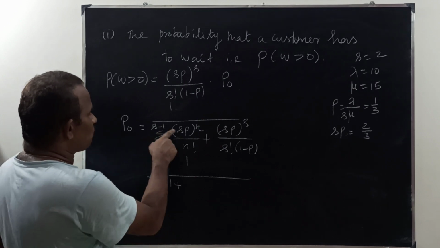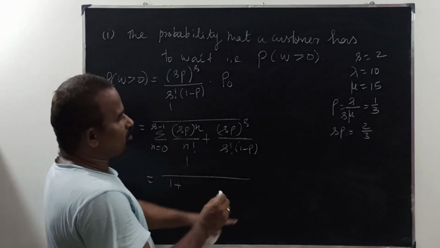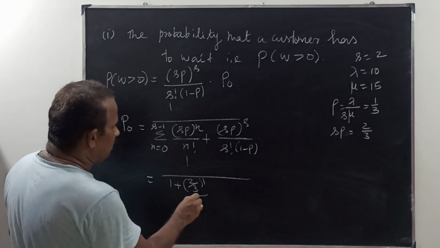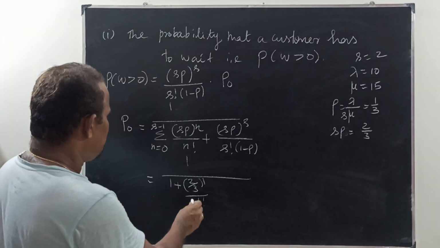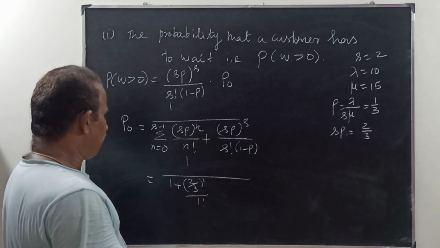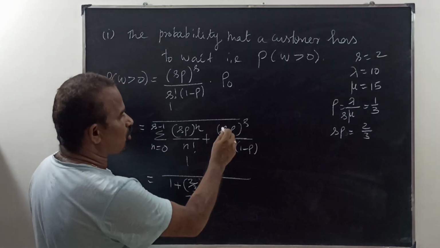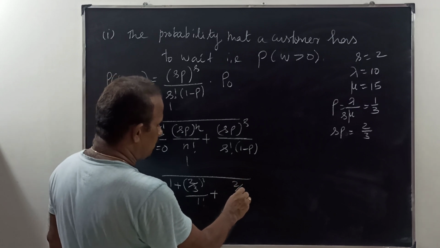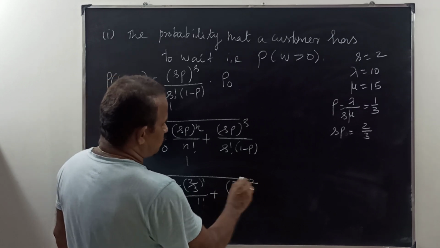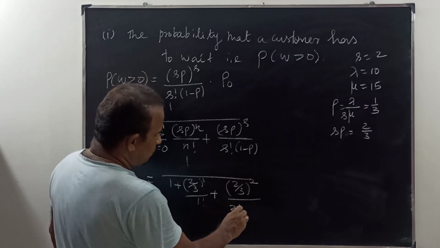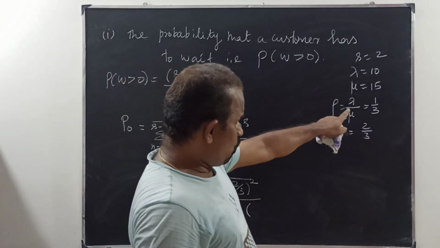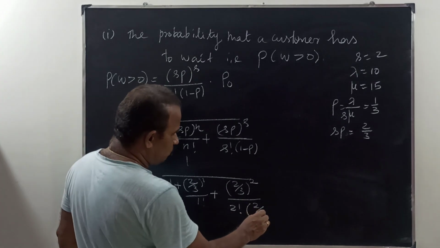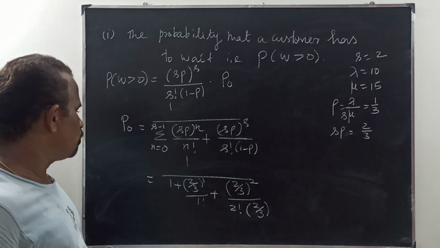Then for n equal to 1, S rho is 2 by 3, so 2 by 3 to the power 1 divided by 1 factorial. Plus (2 by 3) whole square divided by 2 factorial into 1 minus rho. 1 minus 1 by 3 is equal to 2 by 3.